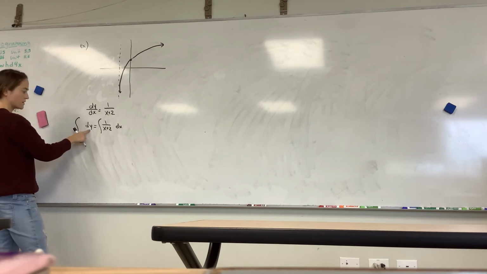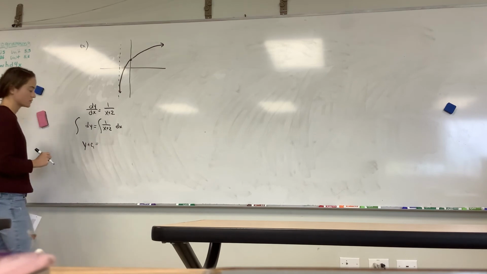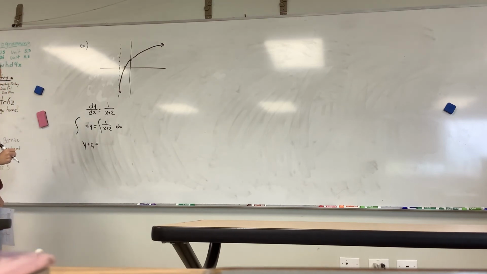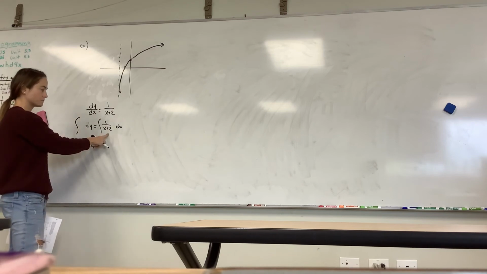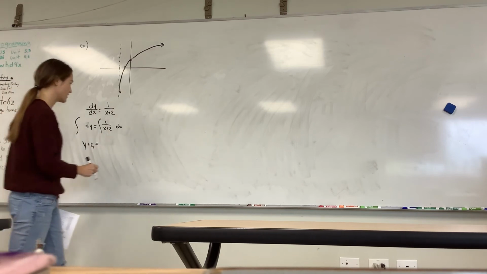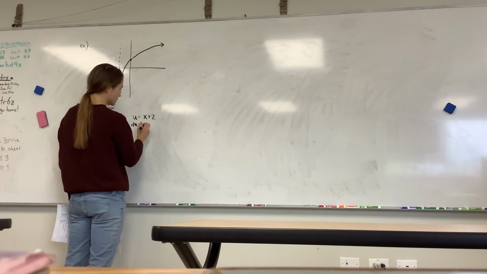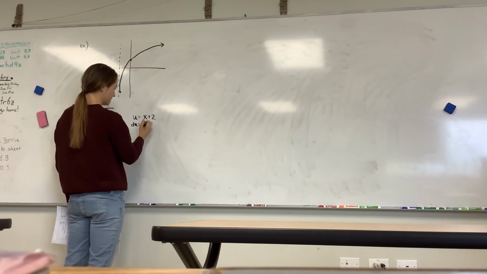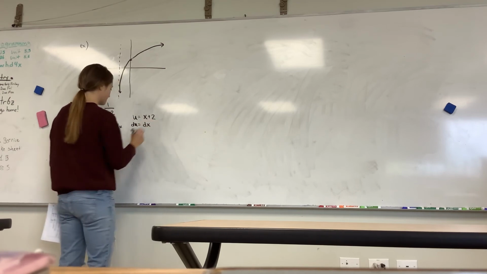The integral of 1 dy is just y plus c1, which is equal to the integral of 1 over x plus 2. Let's go ahead and say u is equal to x plus 2, du is then just 1 dx.